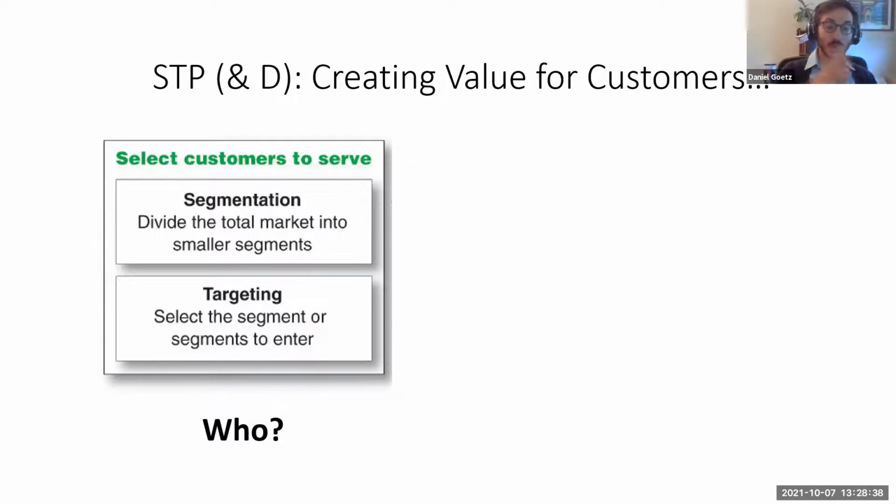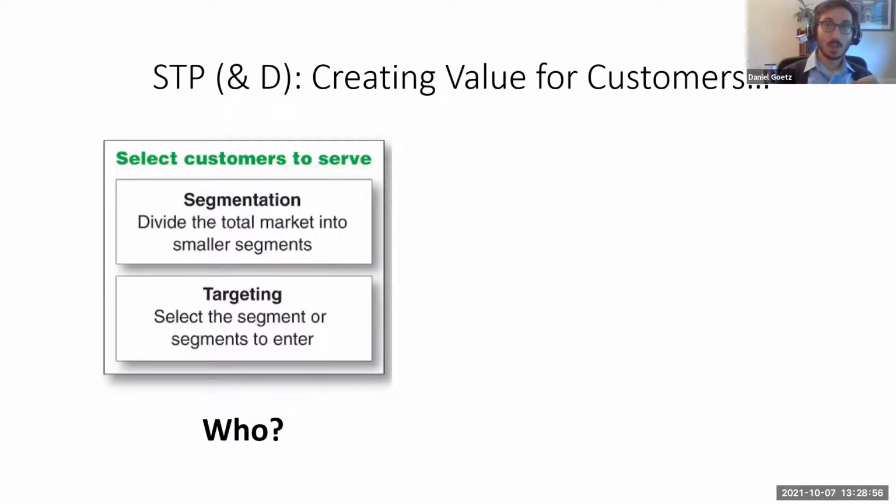And then given the segments you've created, you decide which segment or which of multiple segments you want to serve. Segmentation and targeting says, who are we creating value for?